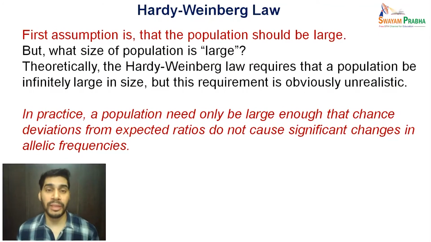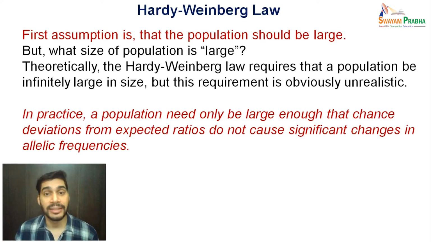Before we explain it more and try to understand it mathematically, let us elaborate more on three of the assumptions we talked about. The first assumption was that the population should be large. But what size of population is large? How do we define a population as large enough so that the Hardy-Weinberg law can operate?